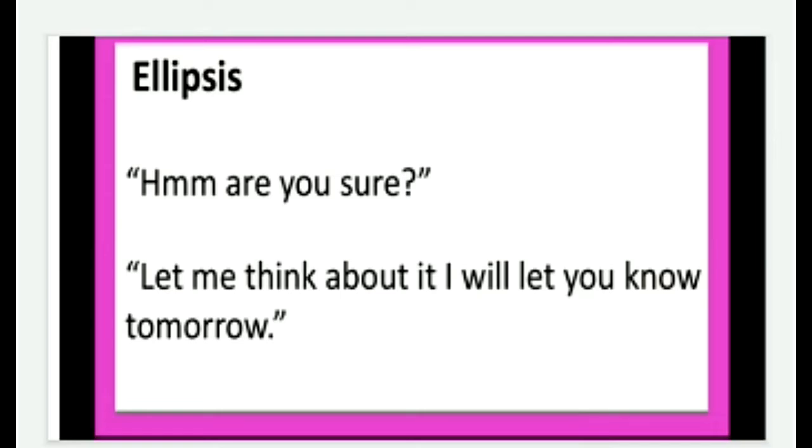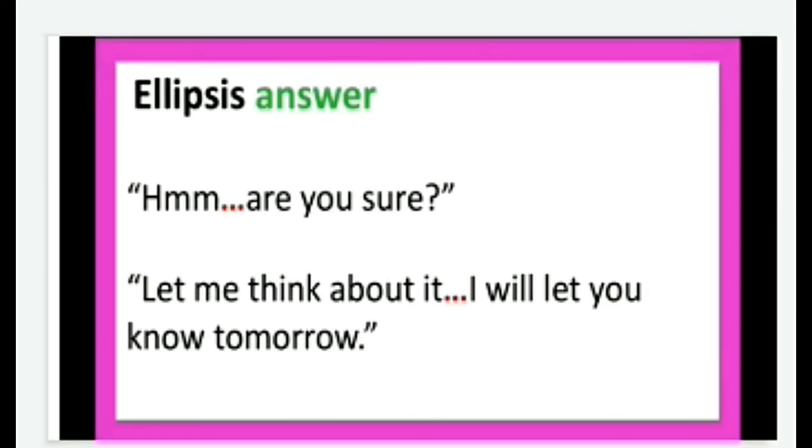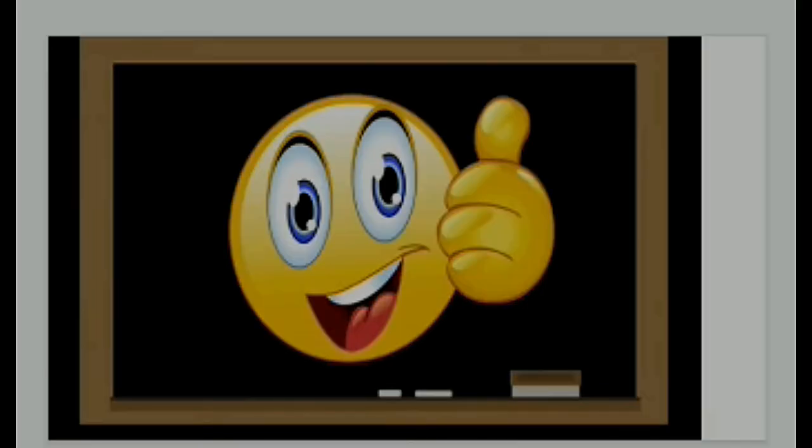"Okay, let me think about it... and I will let you know tomorrow." Very good, Gokul. So these are the main important punctuation marks, and we'll revise them. Kindly revise your book, children. Thank you.